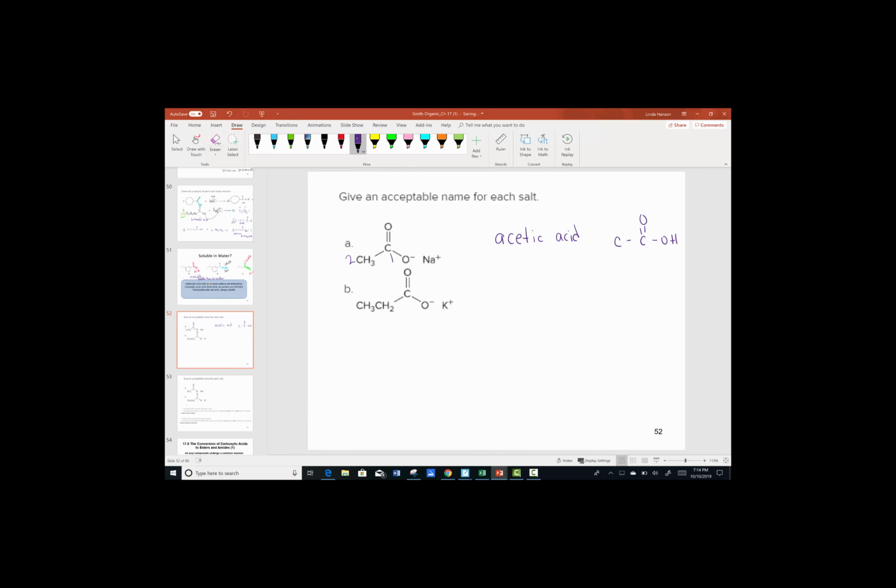The parent acid is acetic acid. So we name the positive ion first, sodium, and then take the ic and turn it to ate. This is sodium acetate.